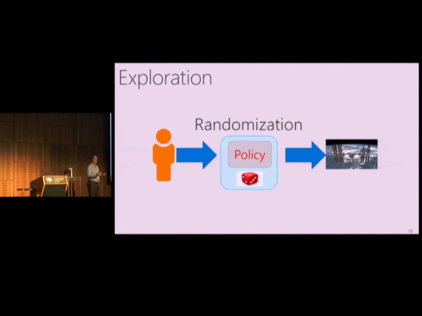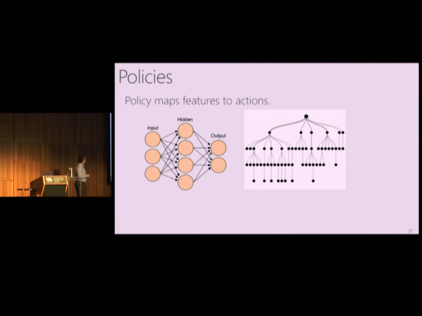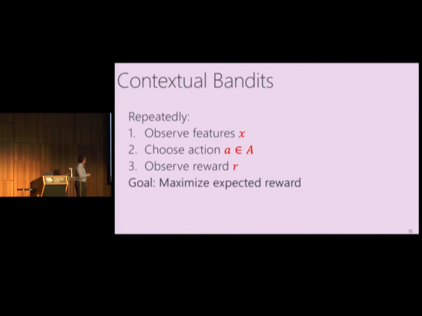Right? Let's go back a step. So this set of features X can be very large and high dimensional, as we're used to in machine learning and supervised learning. So when I say exploration, I don't mean that for every X we try every action. That would be crazy. I mean that there is just some distribution over the actions given the features.